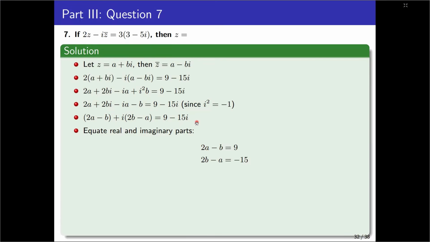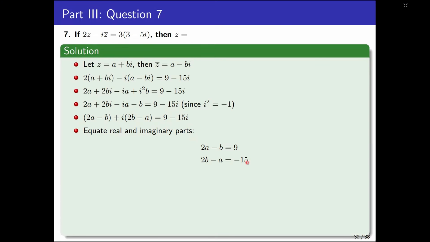Then equating the real and the imaginary parts, because two complex numbers are equal whenever they have the same real part and the same imaginary part, the real part of the first, 2a minus b, must be identical with the real part of the second given complex number, which is 9. And the imaginary part, 2b minus a, must be identical with the imaginary part of the other, which is minus 15.